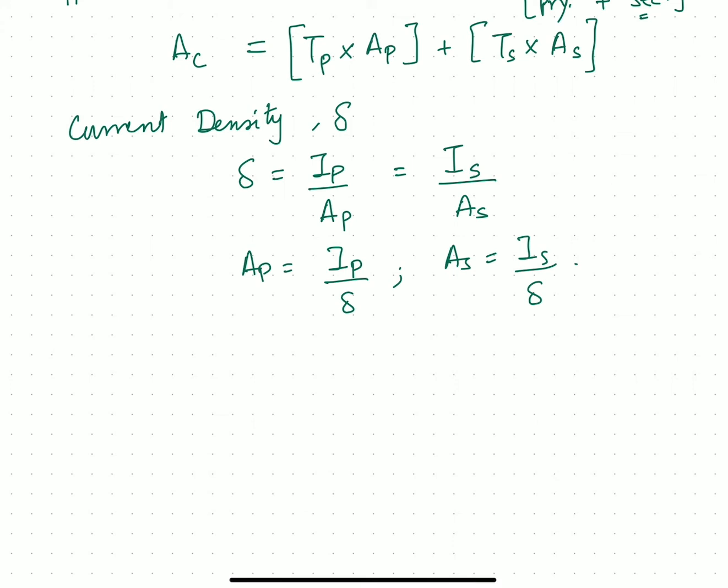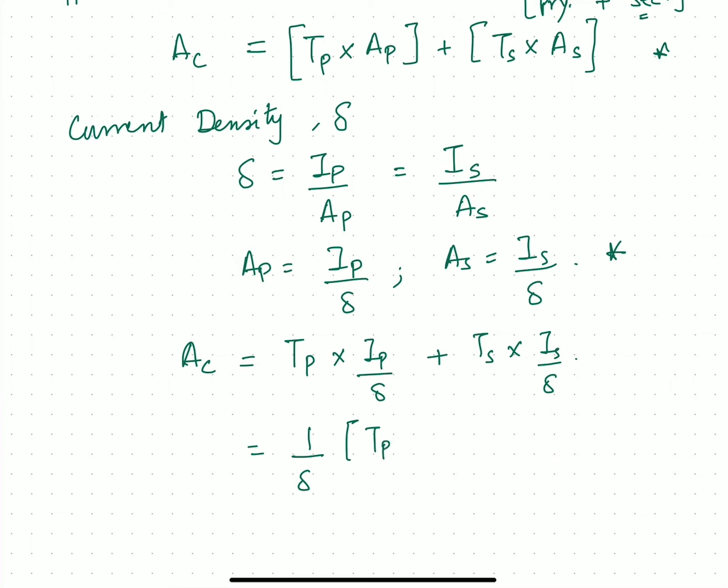If you substitute this equation here, AC equals TP times IP by delta plus TS times IS by delta, and if you take delta out, it is TP times IP plus TS times IS, all over delta.